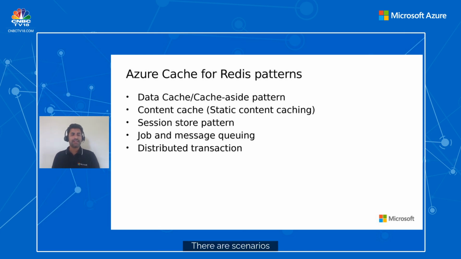There are scenarios where we can use this pattern along with something called a content distribution network or CDN. But indeed, even without a CDN, Redis serves that purpose as well.